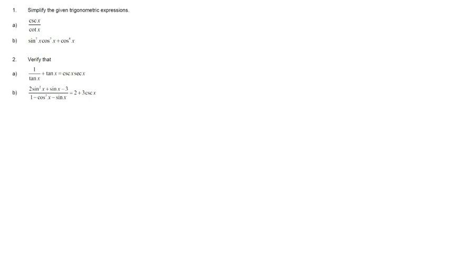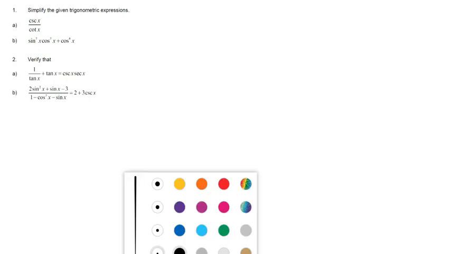Let's say for question 1a, we want to simplify the given trigonometric expression. So for A, we have cosecant x over cotangent x.